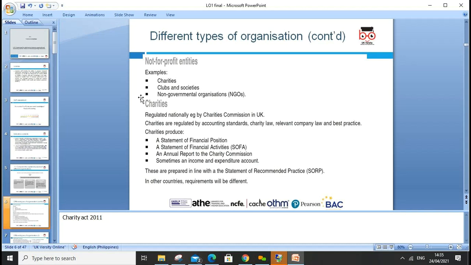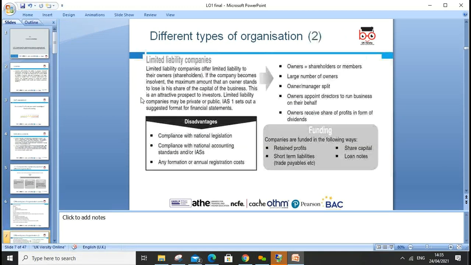We prepare the statement of financial position, statement of financial activities, and an annual report to the Charity Commission, sometimes an income and expenditure account, and these are prepared in line with the Statement of Recommended Practice. In other countries, the requirements will be different.